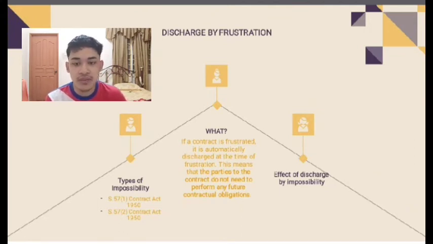Under Section 57 Contract Act 1950, a contract the performance of which is impossible at the time it was made is an agreement to do an impossible act, and such contracts are void.